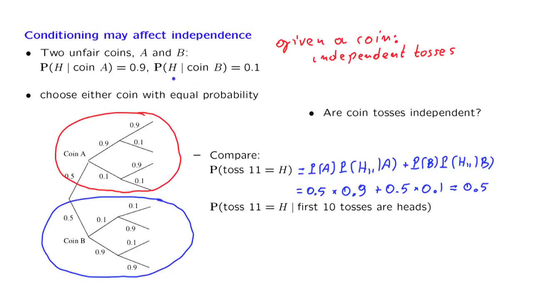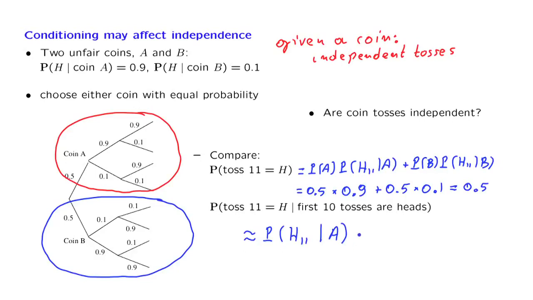If it is coin B, the event of 10 heads in a row is extremely unlikely. So if I see 10 heads in a row, then I should conclude that there is almost certainty that I'm dealing with coin A. So the information that I'm given tells me that I'm extremely likely to be dealing with coin A, so we might as well condition on this equivalent information that it is coin A that I'm dealing with.